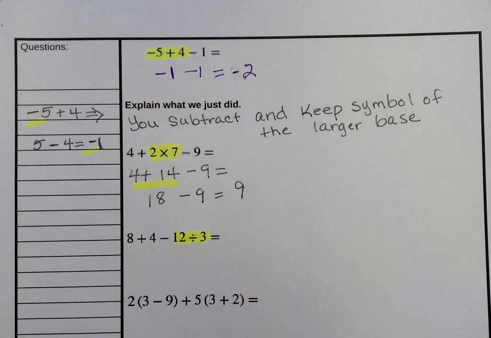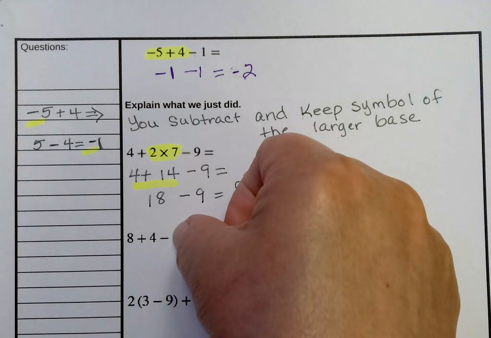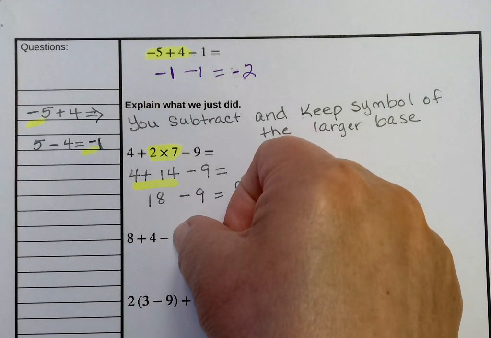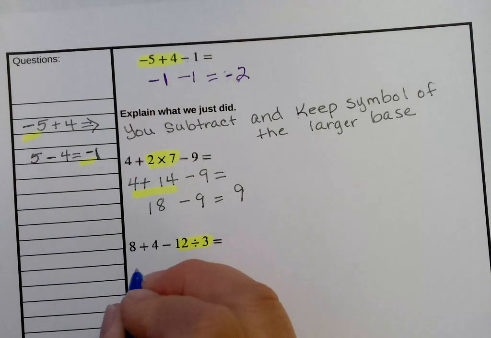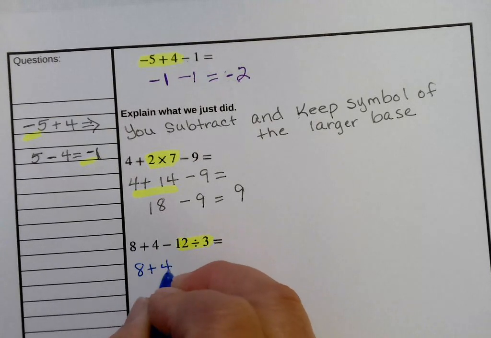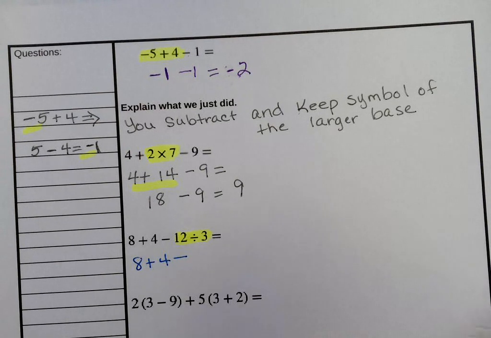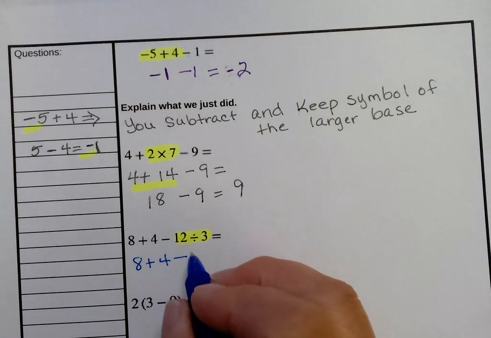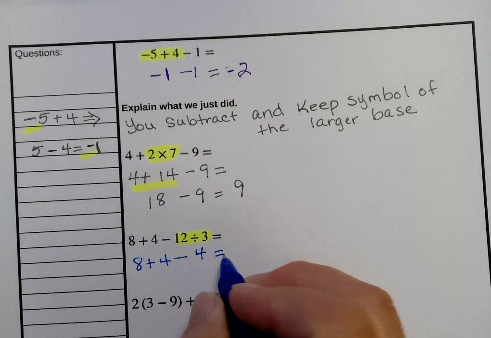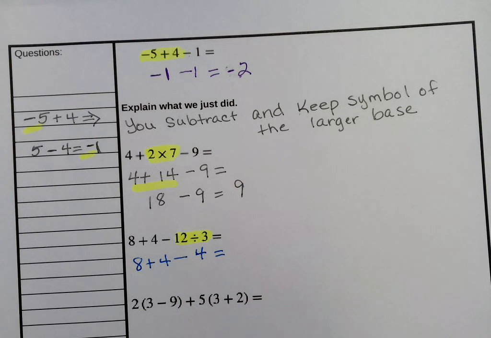So this time, I can actually rewrite clear up to here before I stop. 8 plus 4 minus. Now I have to stop. 12 divided by 3 is 4 equals. Okay, before we go any further, look at that equation. What do you notice?